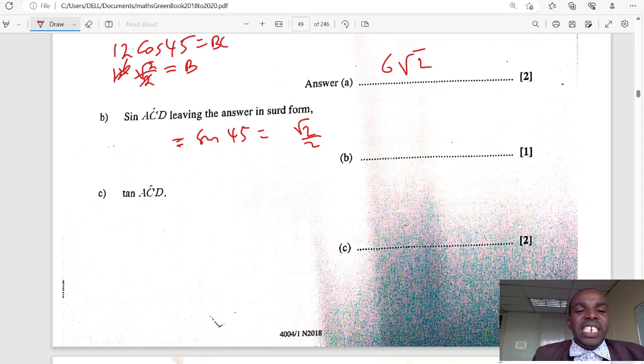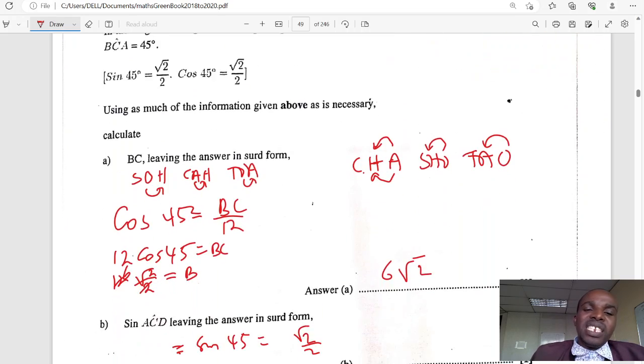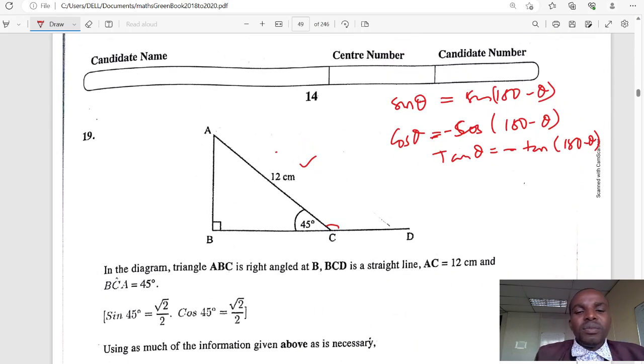Then tan ACD is minus tan 45, that's what you want. So you say minus tan 45. What is tan 45 in this case?